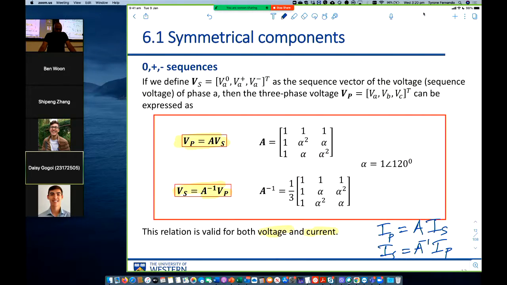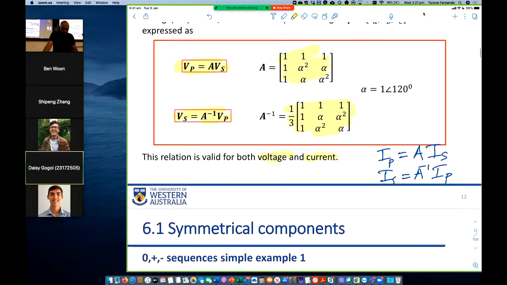Vp, phase voltages, is the matrix A multiplied by Vs. So as I said before, Vs must equal A inverse Vp, and if A is given by this matrix, then of course this 3 by 3 matrix we can compute its inverse, and you can verify it's going to be that. One way to verify that is to multiply A and A inverse, and you will obtain the identity matrix. That verification you can easily do, right?